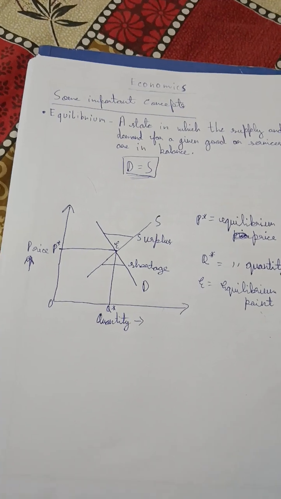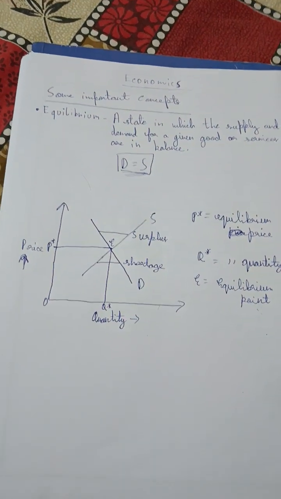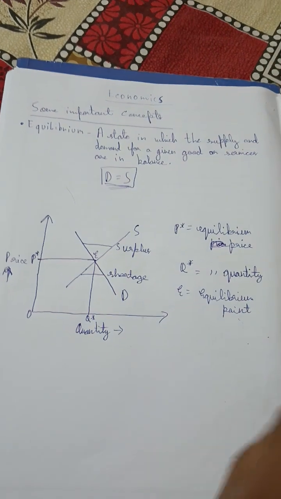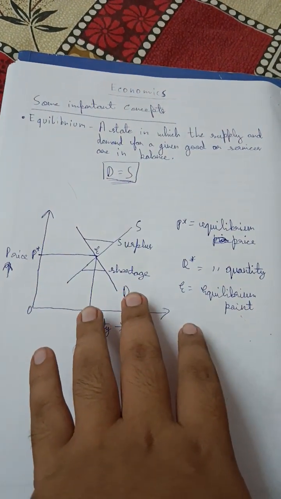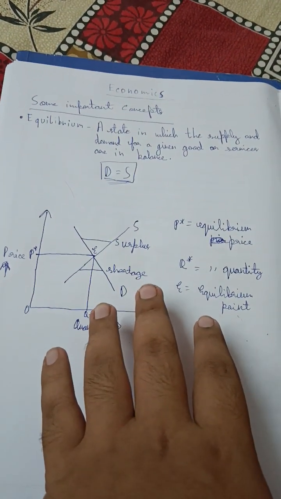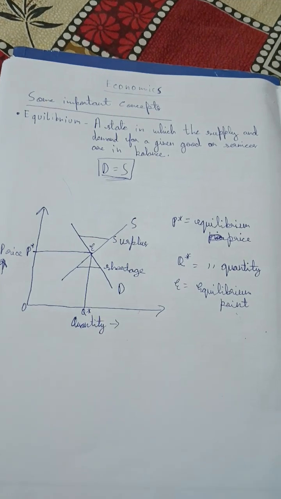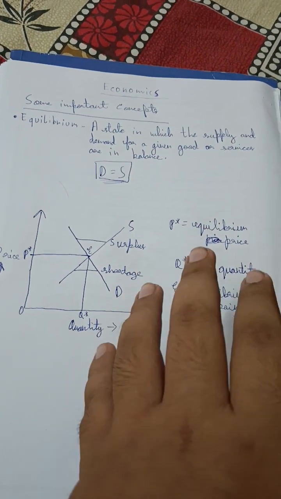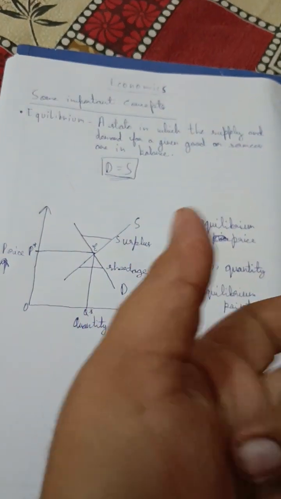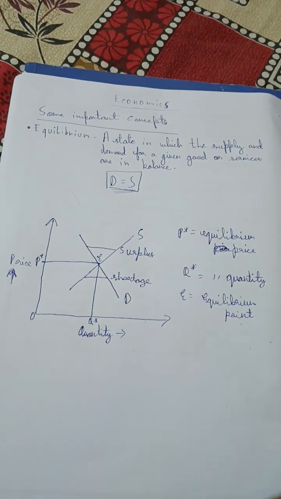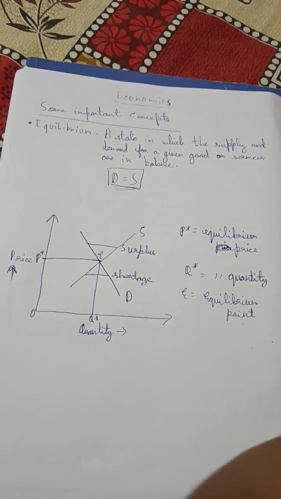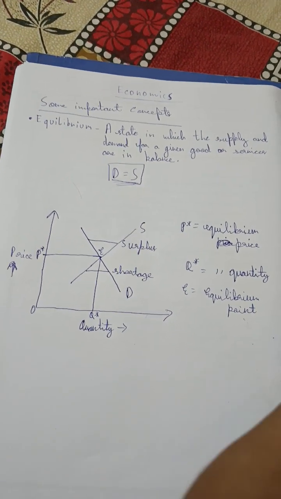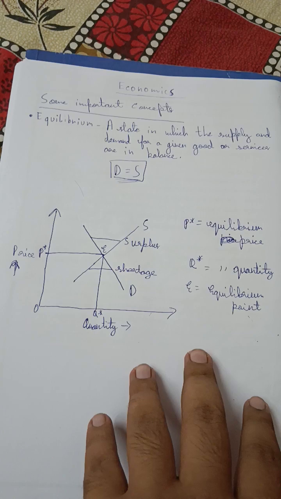In that situation they will face a shortage. The product they are demanding is very low in quantity in the market, so they will face shortage. Okay, these are some basic concepts.